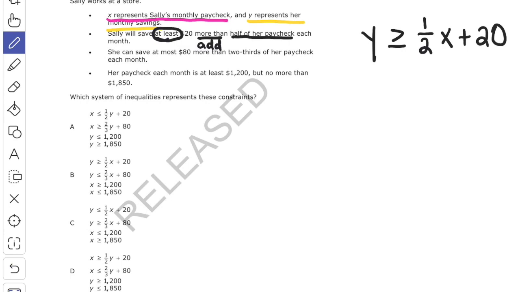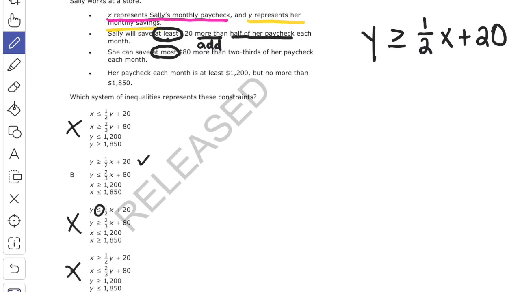So if I look at my answer choices, I can see that I can get rid of A. B still has that inequality, so that works. C, the half equation is less than, so we're going to get rid of that one. And then D actually has the X instead of the Y. So the correct answer is already B, but we're going to go through and look at the other pieces and talk about why. So the next one says she can save at most.